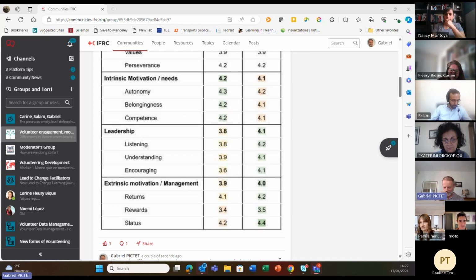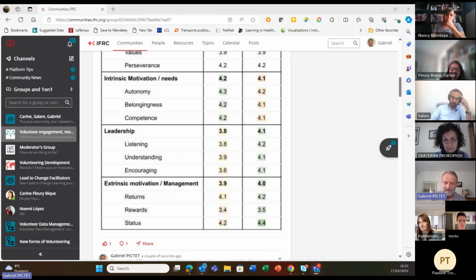So let me try to rephrase them. The first is that women have lower expectations in terms of returns and rewards, and therefore they're more easily satisfied because they're asking for less, so they get less, and it's still okay because they don't expect more.